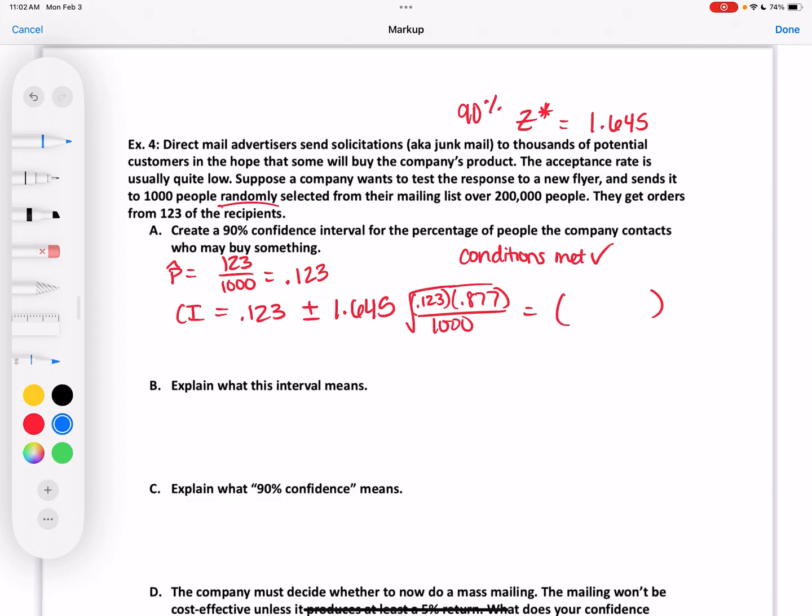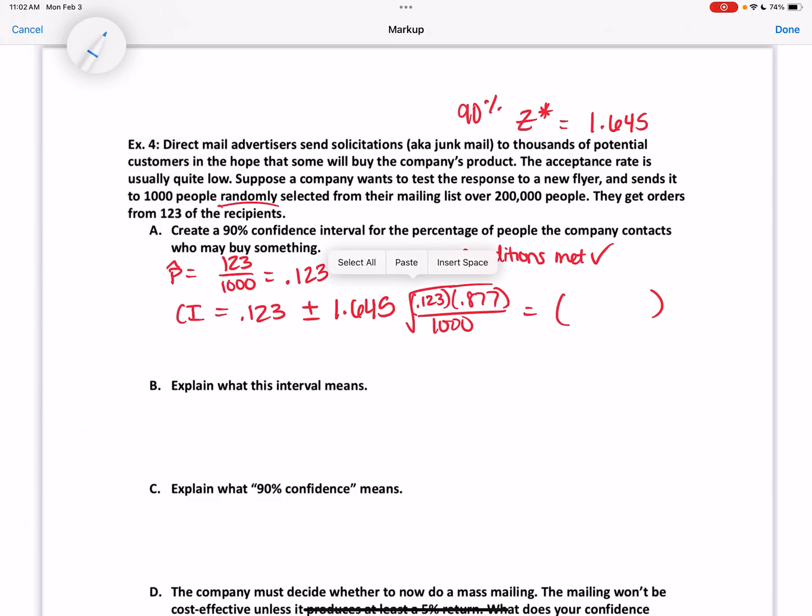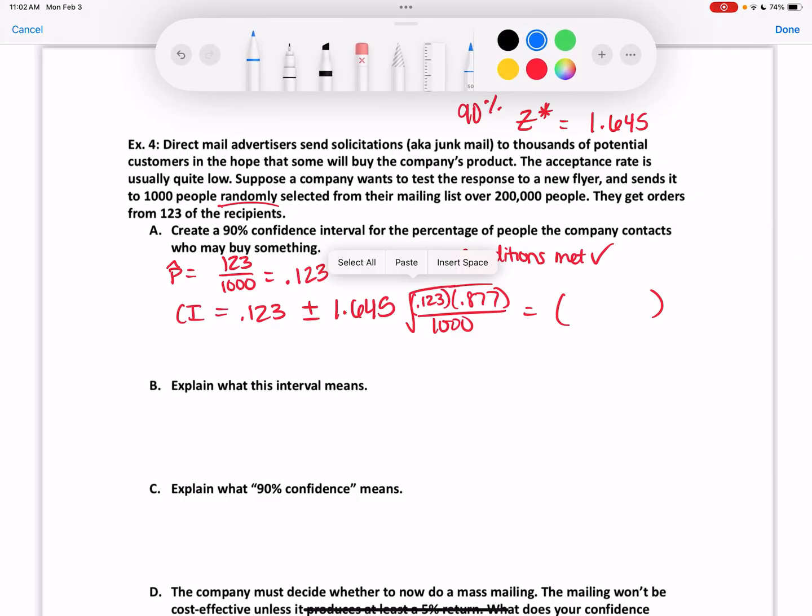So I think I had put this in the notes, but the way we do this is stat, test, and then we're looking for one prop z interval. So it'll be 1-PropZInt, and then we're going to type everything in and then calculate it.